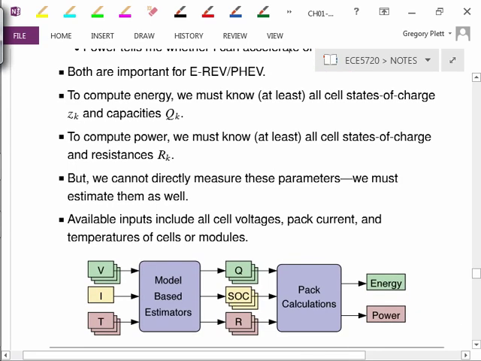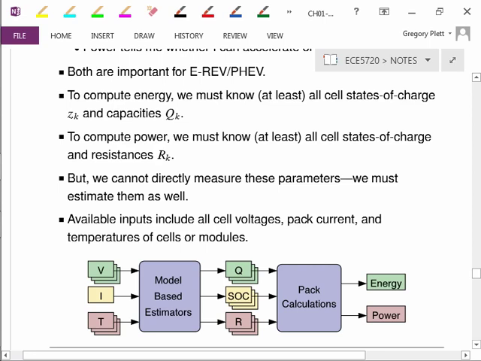Ideally, we would make a sensor, an electronic device that would sense how much energy is available in the battery pack and how much power is available in the battery pack. No such device exists. I have to compute the energy storage and the power capability from other quantities.